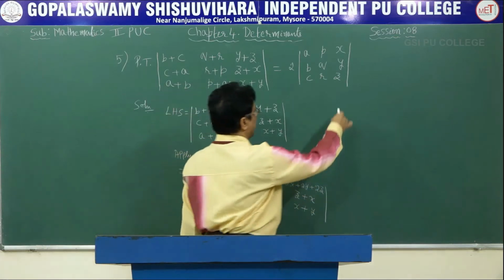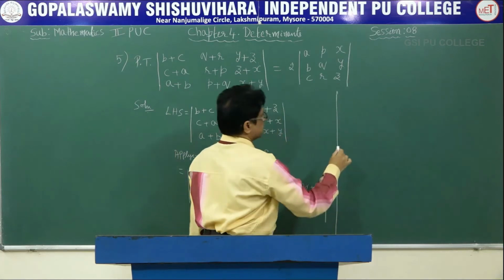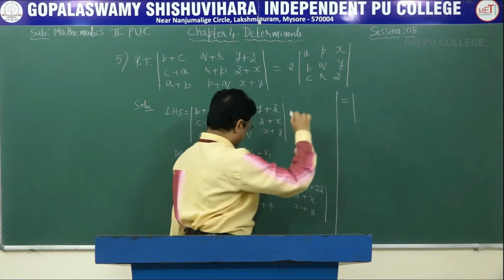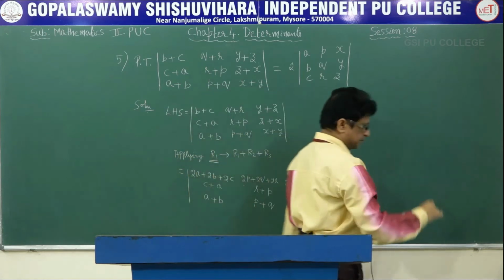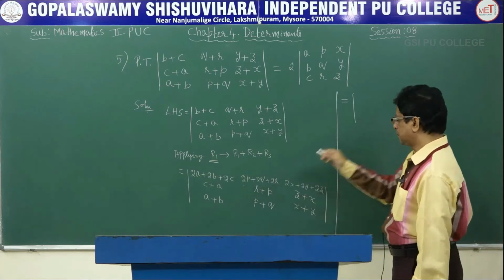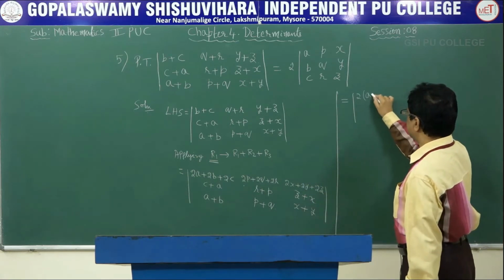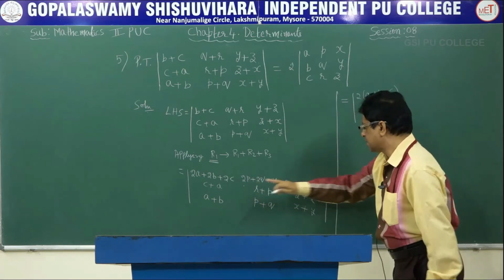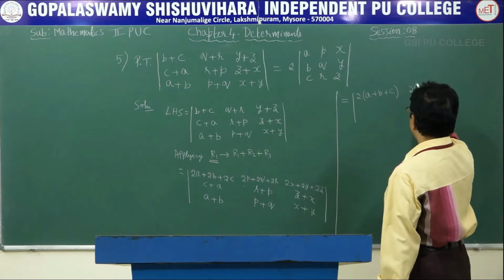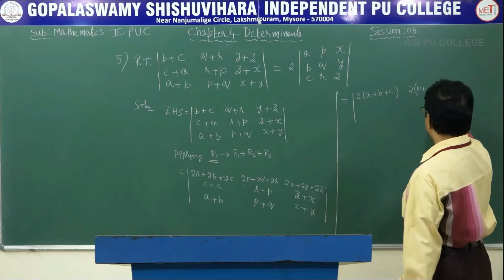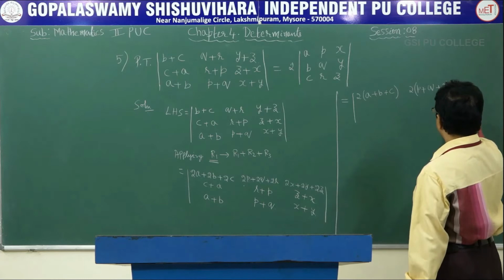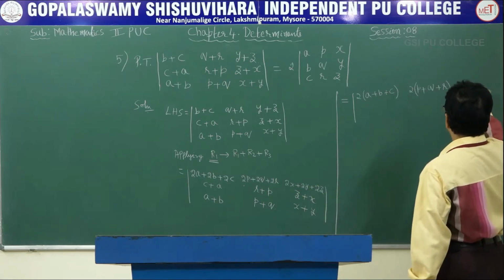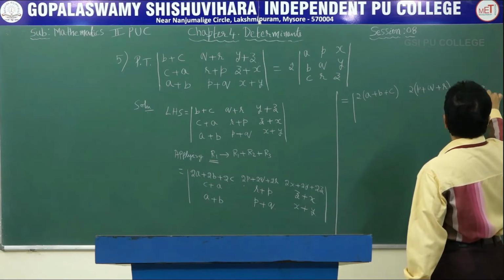So, this determinant becomes the determinant of 2 into a plus b plus c. Here also you can take 2 common, you will get 2 into p plus q plus r. Here also you can take 2 common, you will have x plus y plus z.